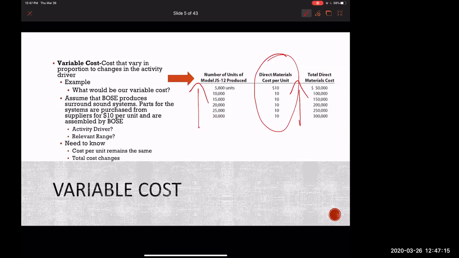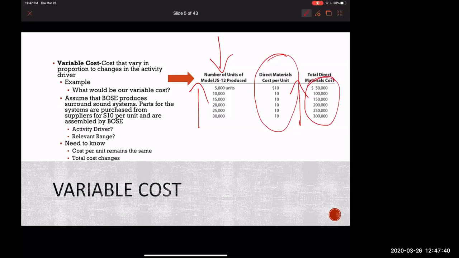So the first question, what is our activity driver? What is driving our cost? Hopefully you said what's driving our cost is the number of units that we are producing. The number of speakers that we're making is driving this cost to increase. And what is our relevant range?